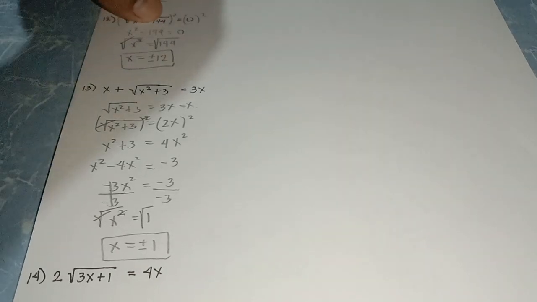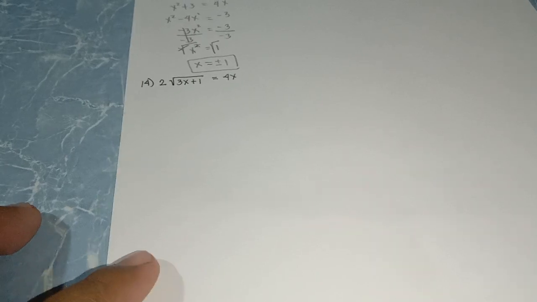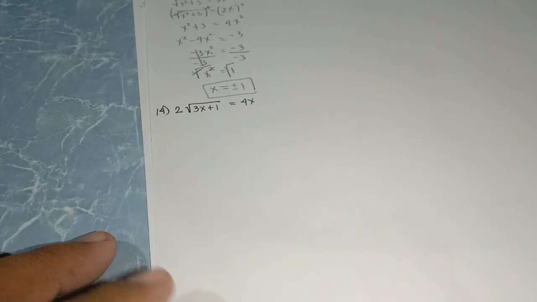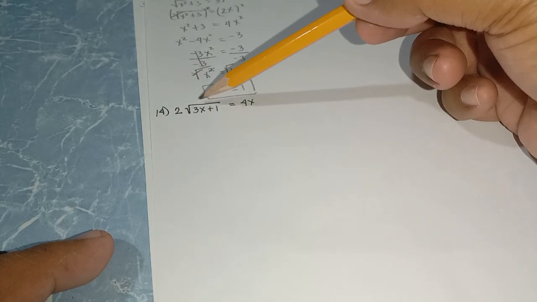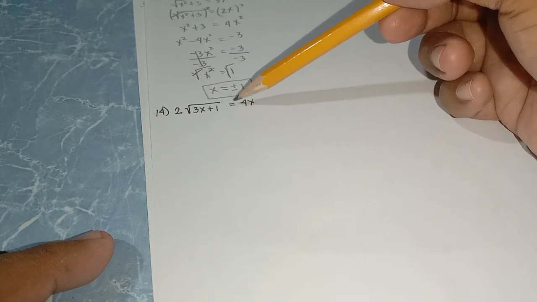Okay, so, dito na tayo sa number 14. Dalawa na. So, yung number 14, given natin ay 2 square root of 3x plus 1 is equal to 4x.